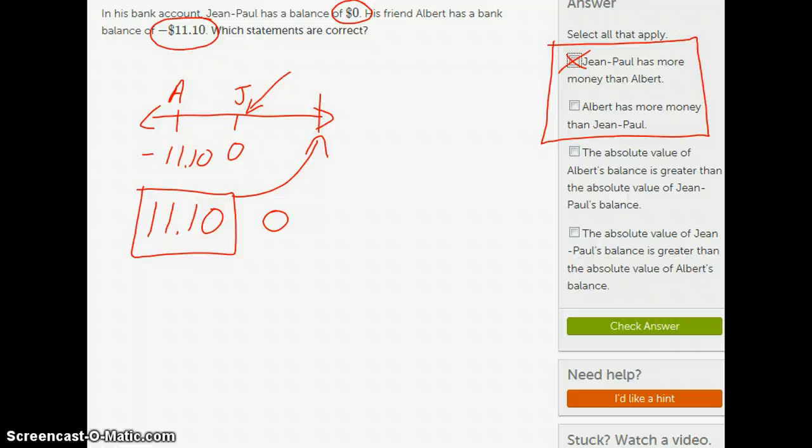Well, the absolute value of a negative 11.10 is a positive 11.10, and that is more than 0. So Albert has more. The absolute value of Albert's balance is greater. So that will be your answer there. Notice there are 2 correct answers on this problem.